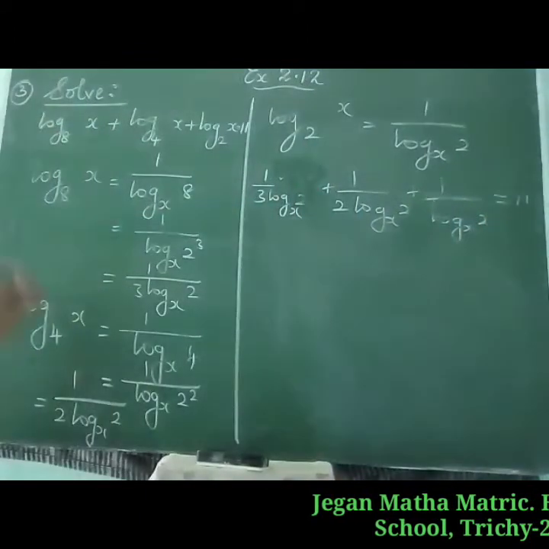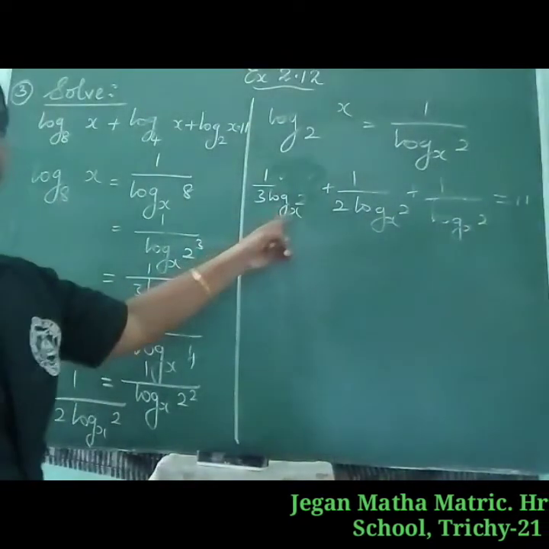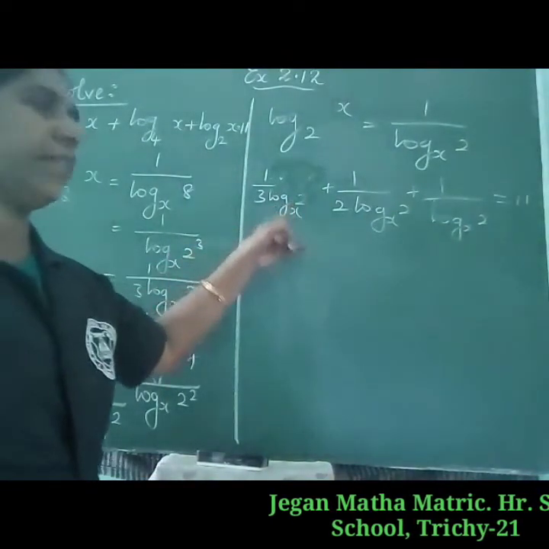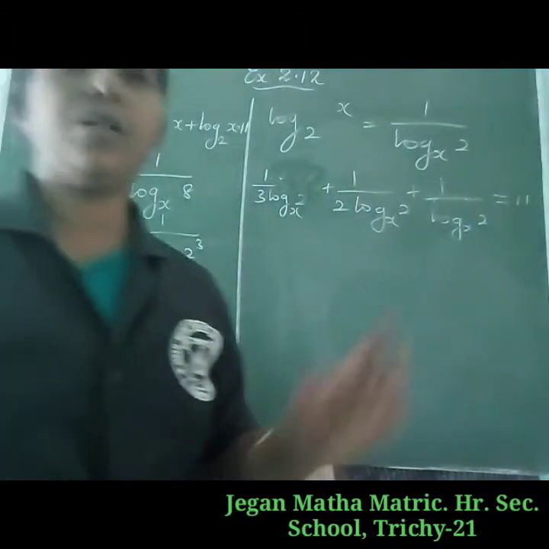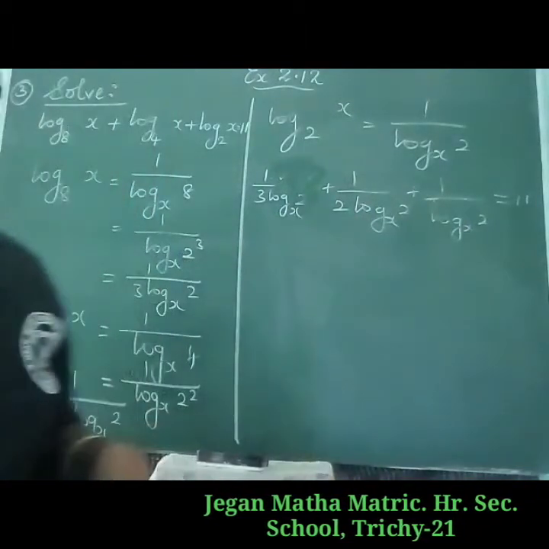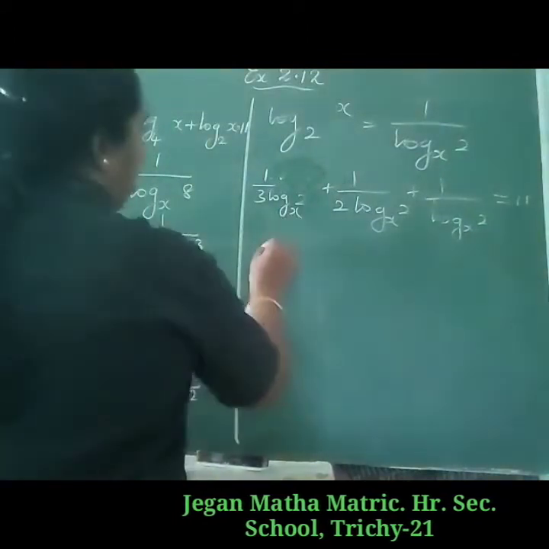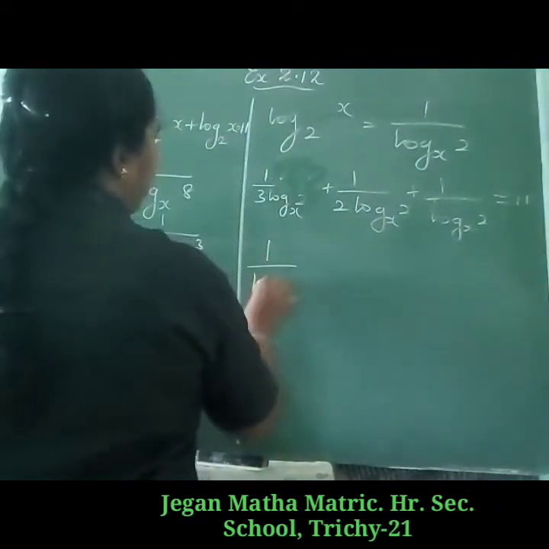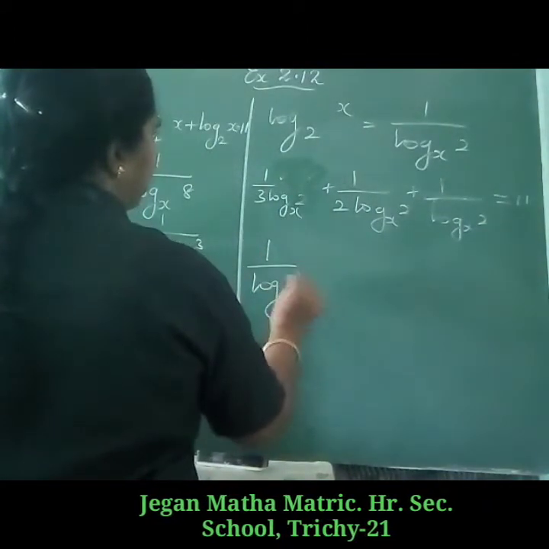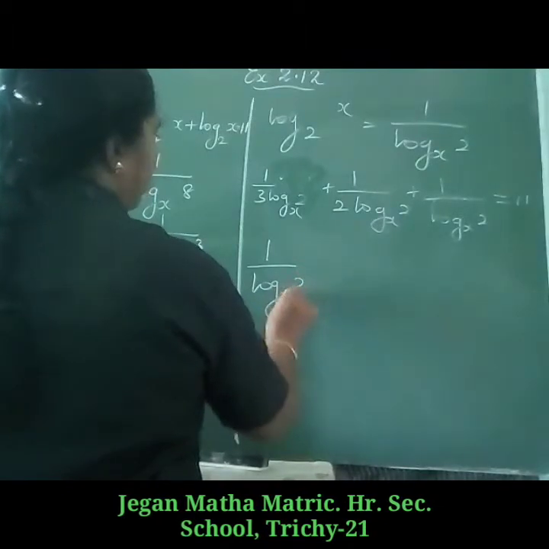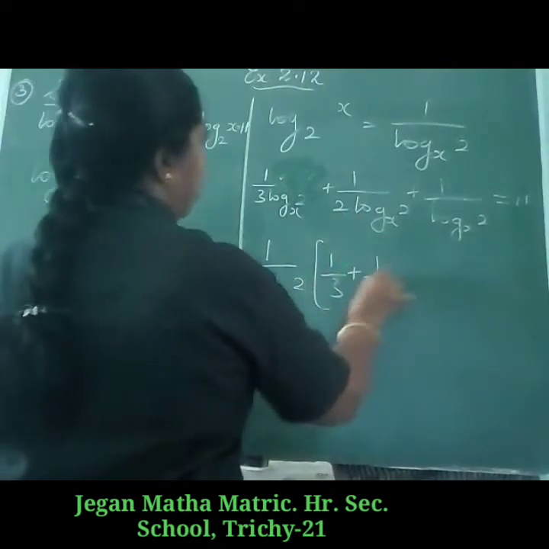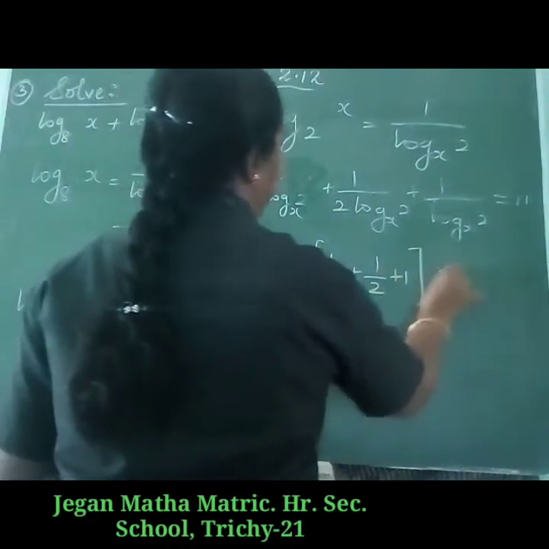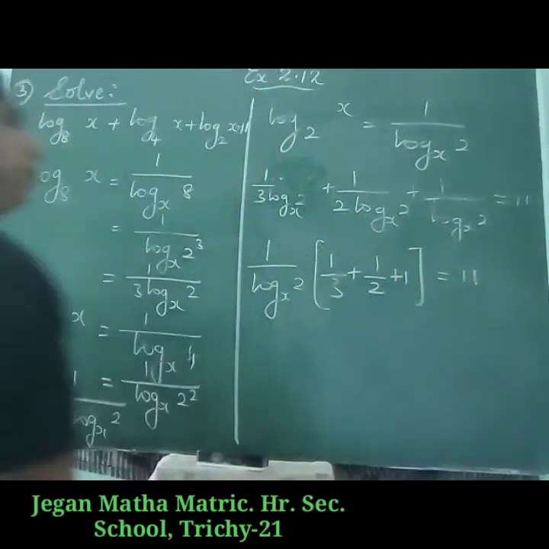In the denominator, log 2 base x is common for all the terms, so we can take it outside. Now we get 1 by log 2 base x times the remaining terms, 1 by 3 plus 1 by 2 plus 1, which is equal to 11.